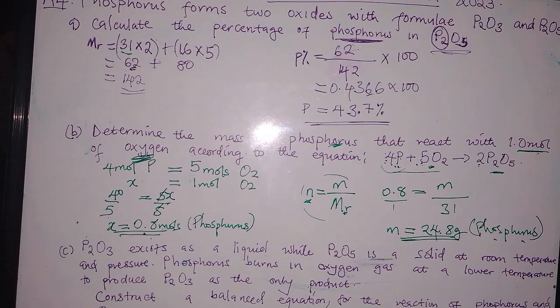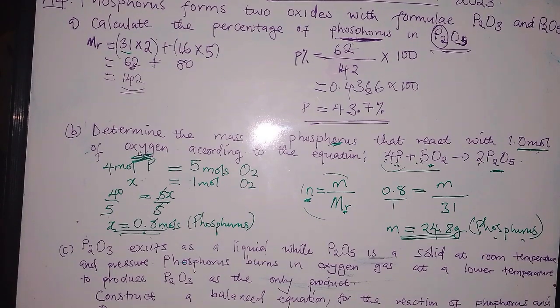So since phosphorus has a valence of 3, we give it to oxygen. Since oxygen has a valence of 2, we give it to phosphorus. And this is liquid. The question has already said that this product is liquid.